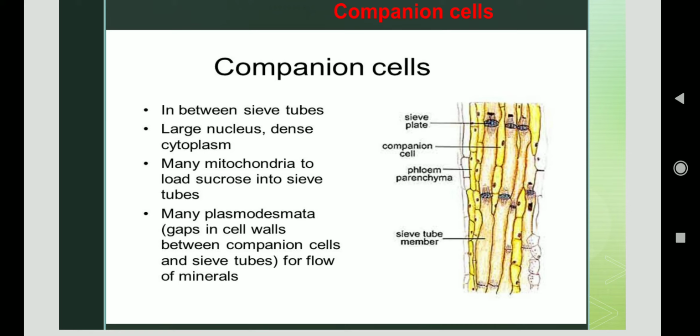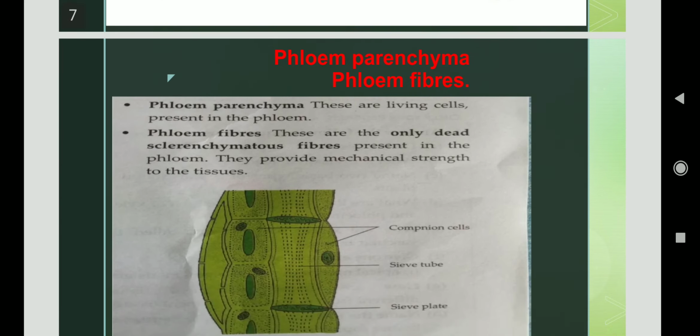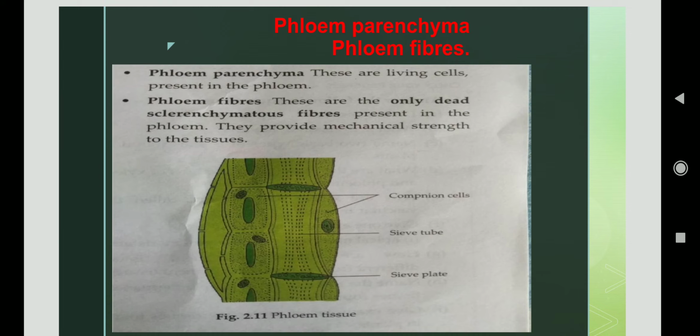Both sieve tube elements and companion cells arise from the same initial cell and form a single functional unit, means collectively they work together, right? You can see a large nucleus in the companion cell, dense cytoplasm, and so many mitochondria are present, right? And there is a gap known as plasmodesmata, which is present for the flow of minerals, right class?